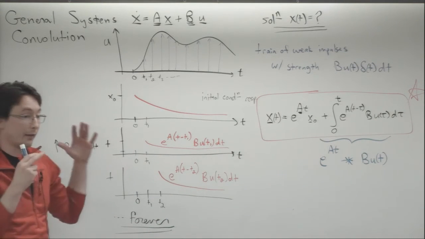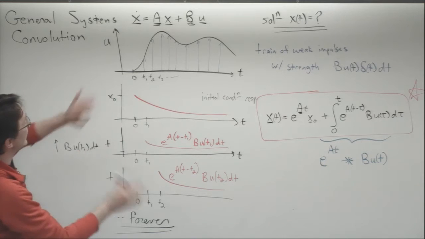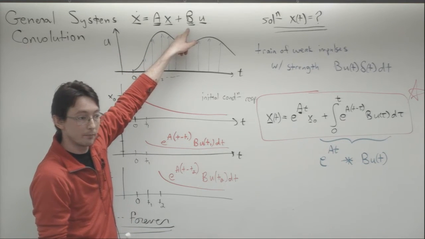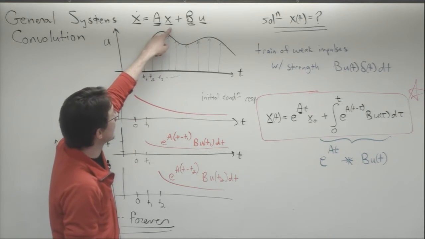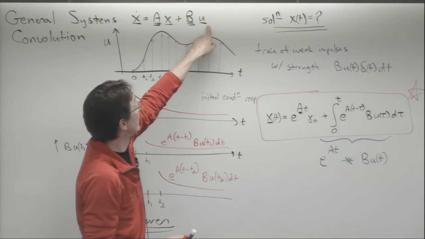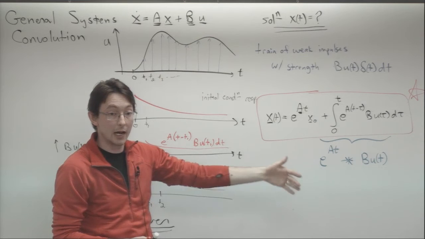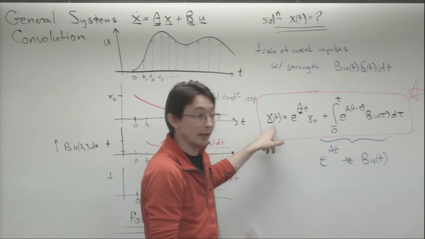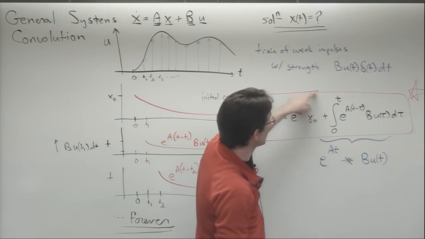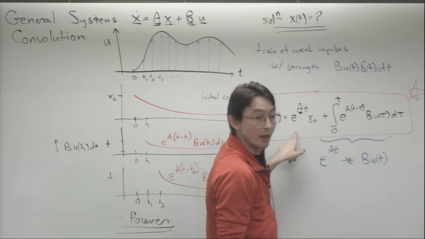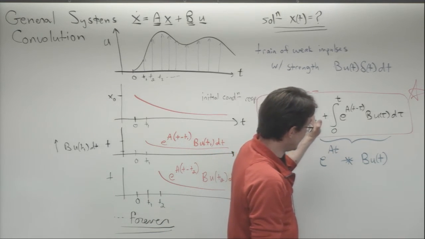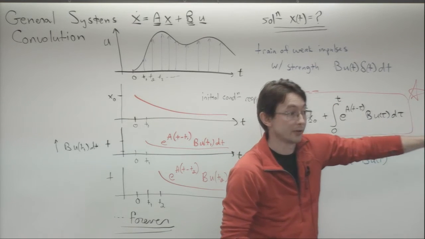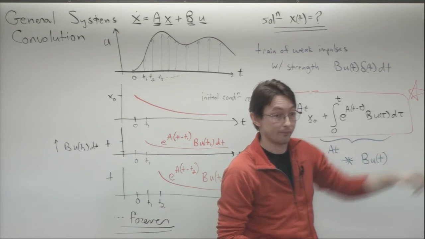This means that for any linear system at all, for any A matrix and B matrix that you can name, if you tell me x naught and whatever your forcing u is as a function of time, I can compute the solution x at any time by adding up the initial condition response and this kind of time-shifted, integrated train of impulse responses from my input.